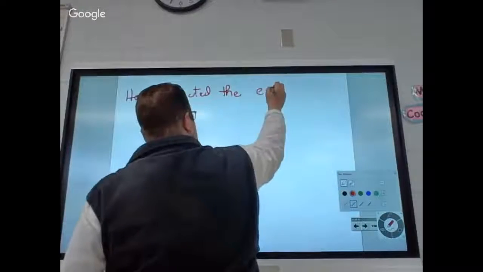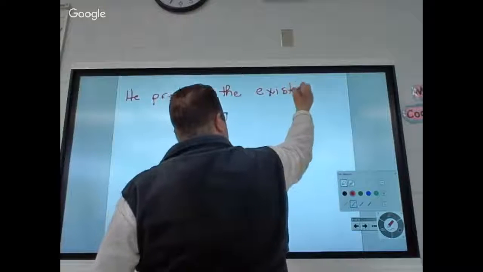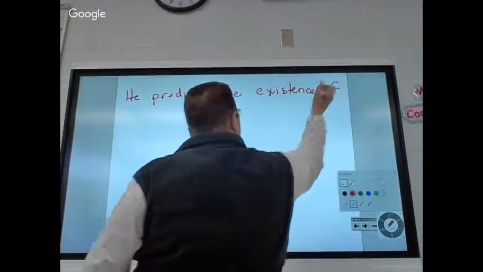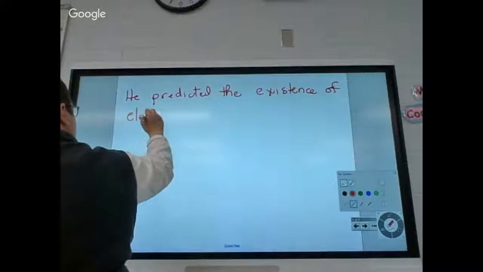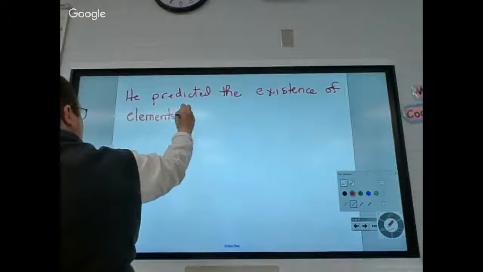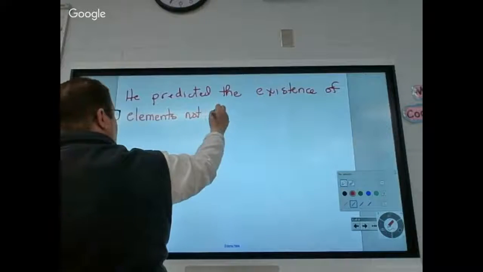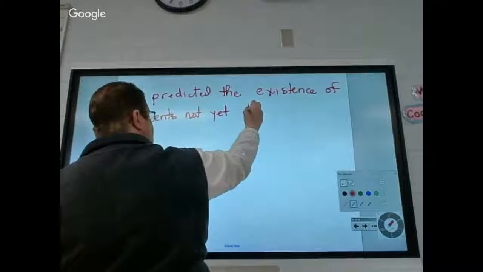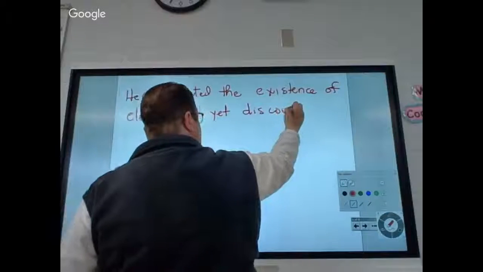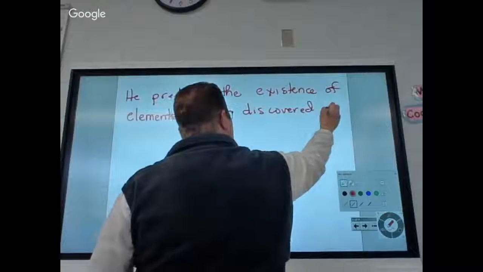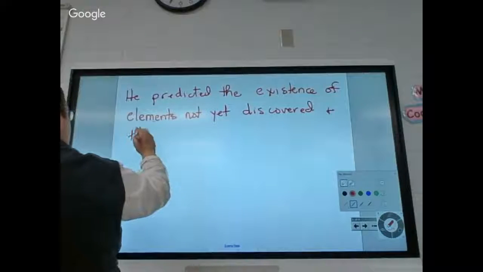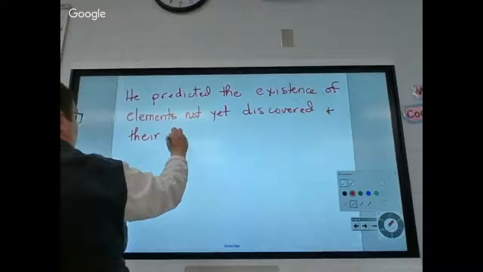He predicted the existence of elements not yet discovered, and their properties.